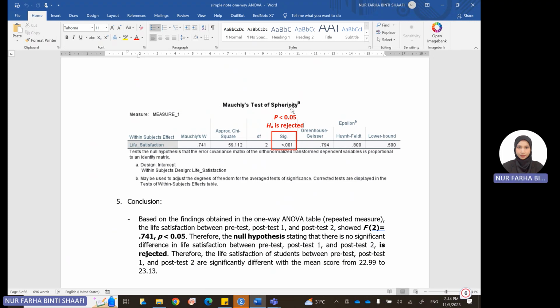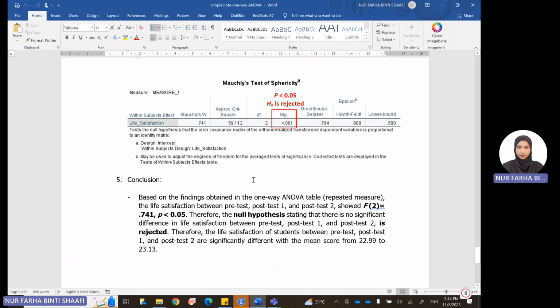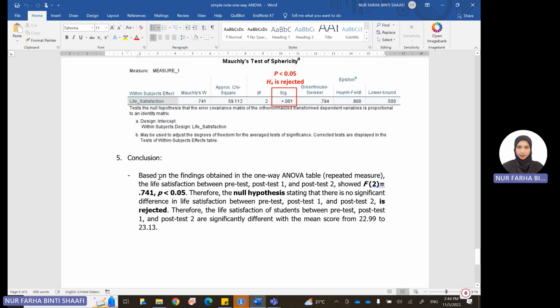So look at the conclusion. It is quite easy. Based on the findings obtained in the one-way ANOVA table, repeated measures in brackets, the life satisfaction between pre, post 1, post 2 showed F(2, ...), where 2 is the degree of freedom.